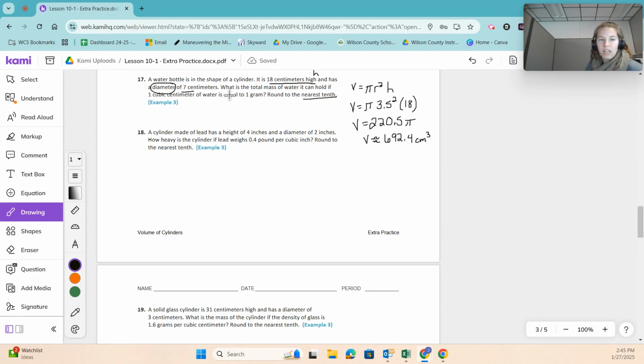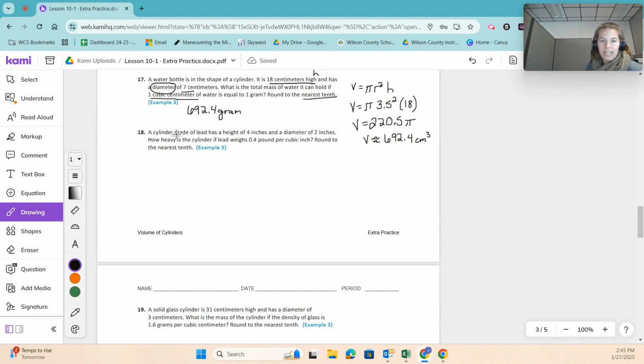Okay, and because those are centimeters cubed, 1 cubic centimeter is equal to 1 gram, that means it's going to be about 692.4 grams is what will be held in that water bottle. Okay, so cubic centimeter is this centimeter cubed. All right, that's another way of writing it. So those are equal, all right, to the mass there.